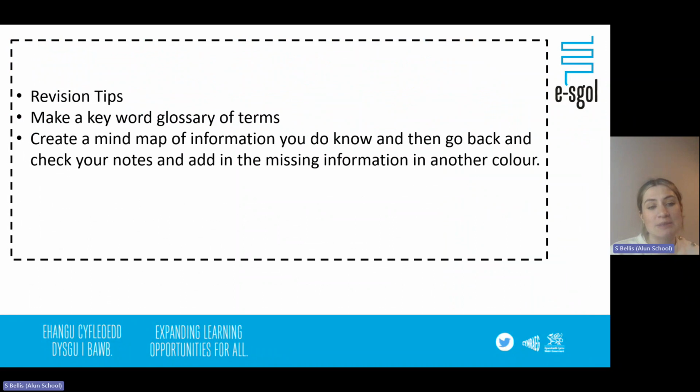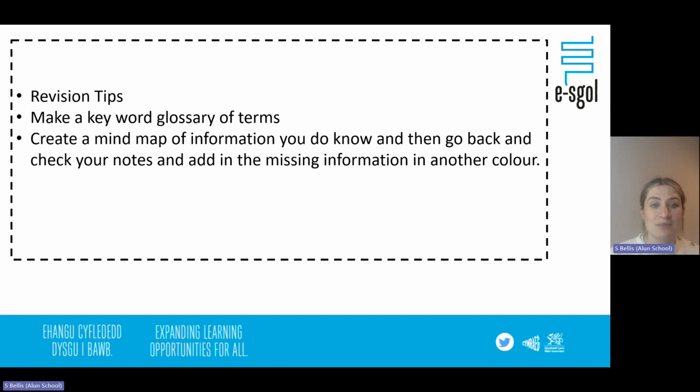And then for revision tips, I think in order to look at the terminology, a glossary of key terms is really, really important. So making sure that you know what altruism means, what EEA is and what it stands for, the synaptic cleft, vesicles, all these different key terms that I talk about, writing them all down and making sure you can define what those words are is a really nice place to start.